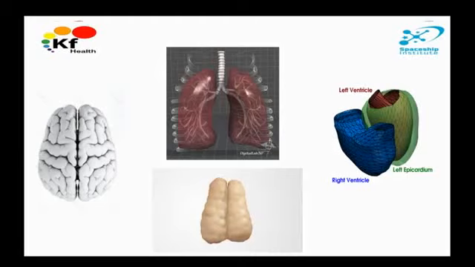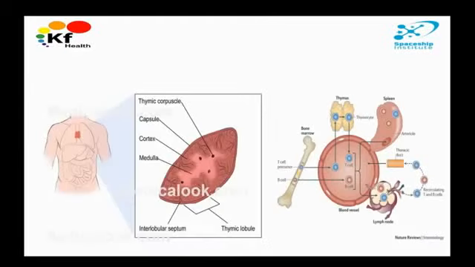Okay, next slide is to show you the structure inside the thymus. It is very similar to the structure of a lymph node, because the main function is to organize the immunity, the defense system of your body.